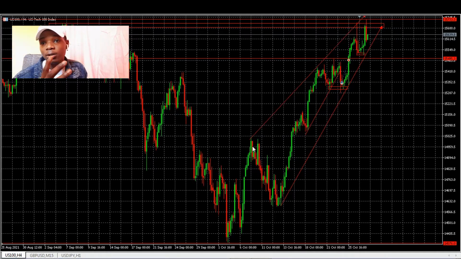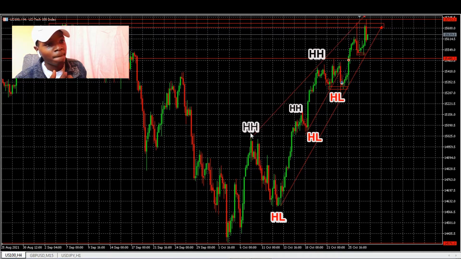The way you can identify whether the market is in an uptrend or a downtrend is by the market structure. In our case, it created a higher high and pulled back to create a higher low, broke our previous higher highs, then created another higher high, then pulled back, creating another higher low.